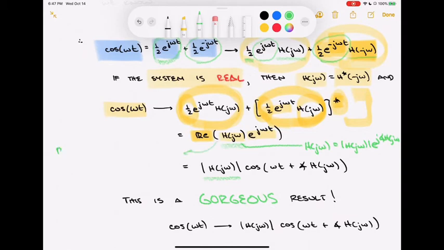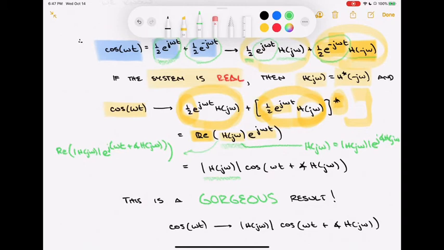We're looking at the real part of what? We're going to have the magnitude of H of j omega, and then e to the j angle of H of j omega times e to the j omega t. I can combine those two together because they both share the same base. So that's going to be e to the j times omega t plus angle of H of j omega.